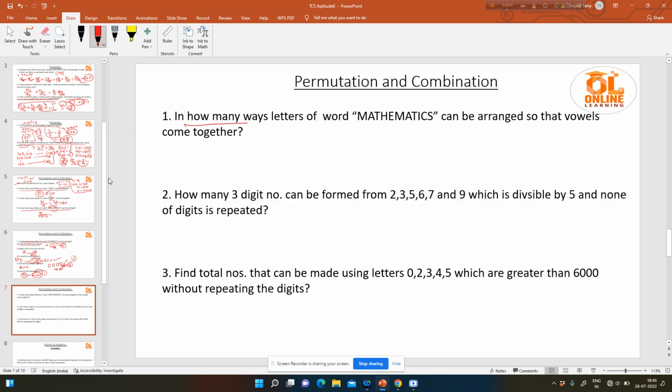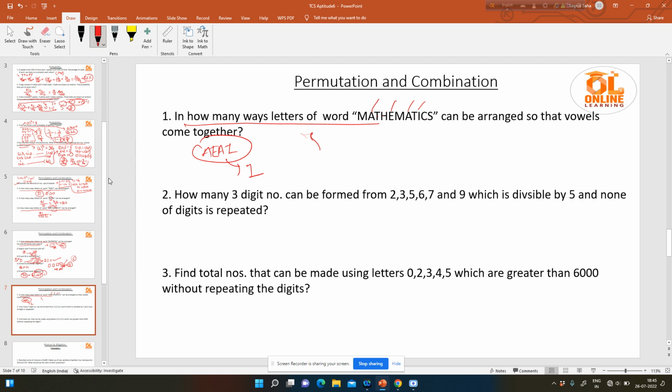Okay, in how many ways letters of word mathematics can be arranged so that vowels come together? So what are the vowels present here? A, E, A, I. So A, E, A, I, we will consider it as 1 because they will be together. Other than that, how many letters are present? 1 2 3 4 5 6 7. 7 plus this as 1, 8.